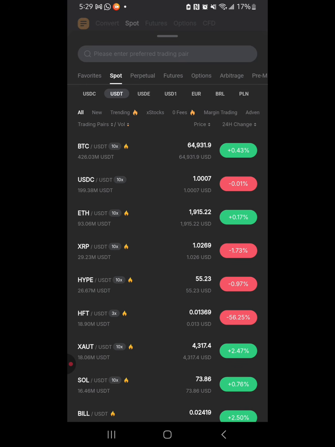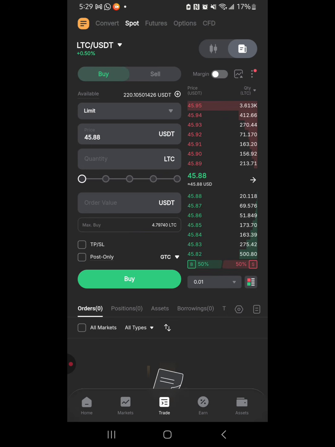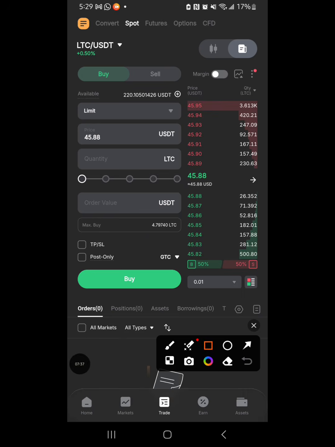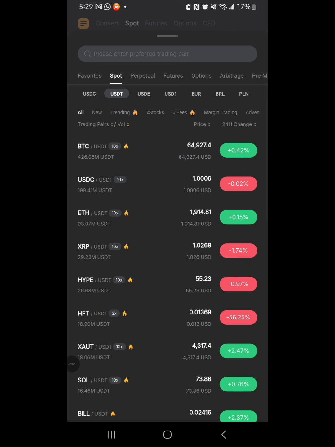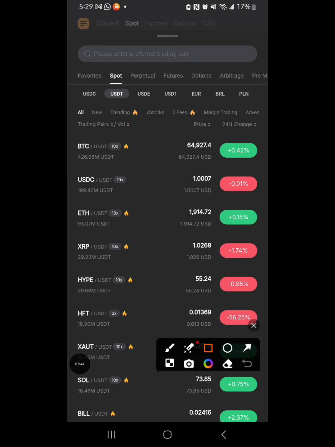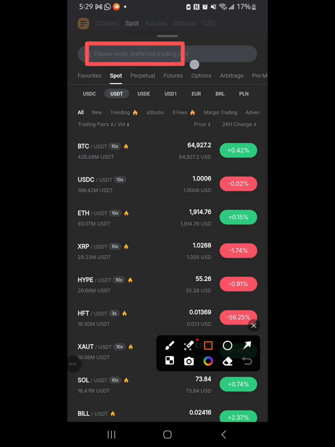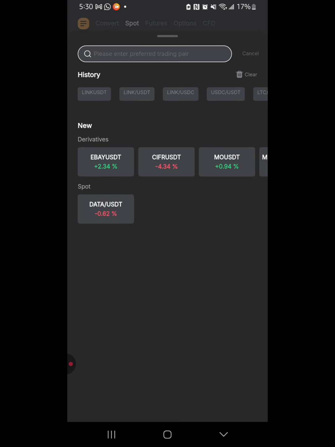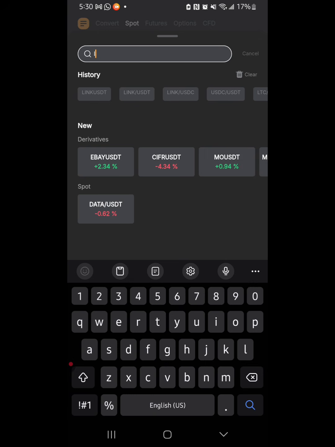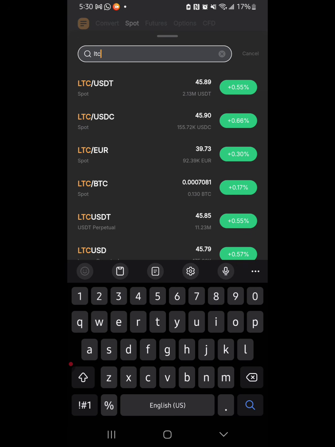Once you pick any cryptocurrency there, the second step is to click on this cryptocurrency icon one more time. Click on it, and then you're going to make use of this search button, where it says please enter preferred trading pair. So you're going to search for LTC. On LTC, watch closely.